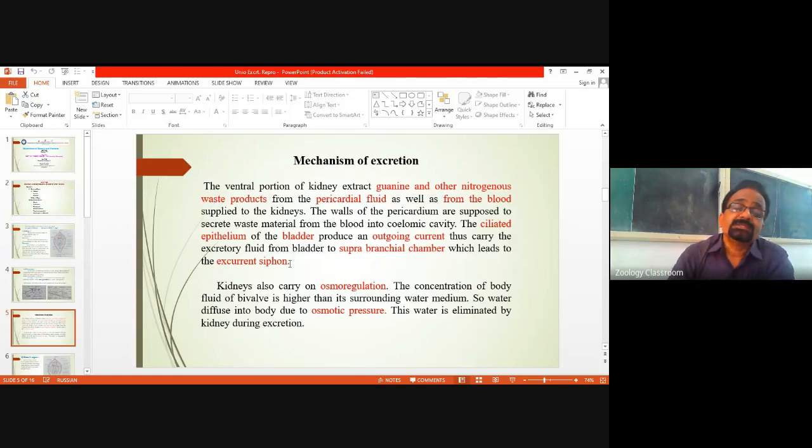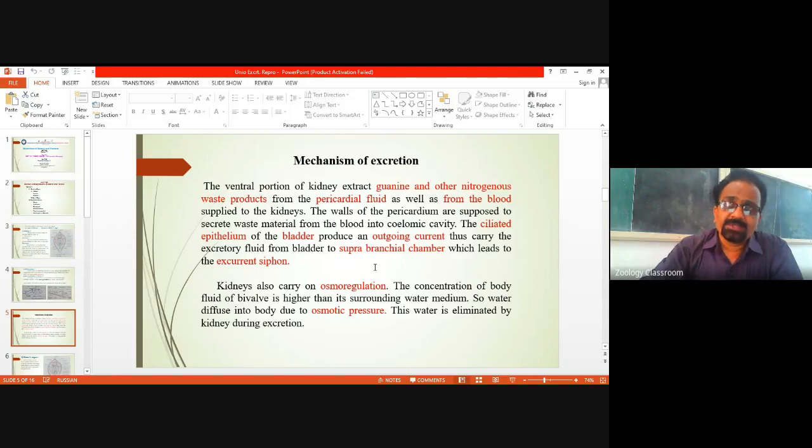So kidneys not only play a role in removal of the nitrogenous waste products, but they also play a role in the mechanism of osmoregulation. How does this happen? As we are studying a freshwater animal, the bivalve, the body fluids of the bivalve have a higher concentration than that of the surrounding medium, isn't it?